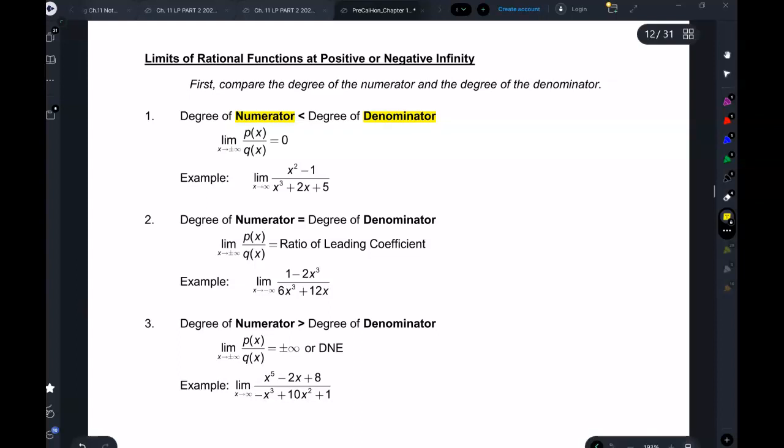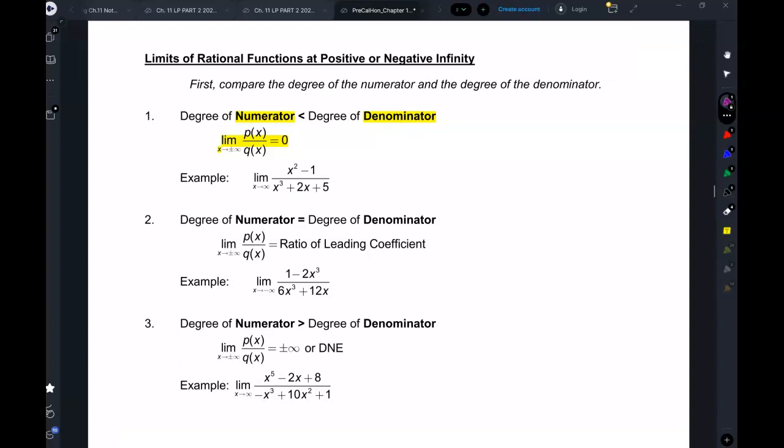This is how we always found horizontal asymptotes, but let's just talk about the limit at infinity. If you have a rational function, where does the y value go as you approach infinity? If the numerator has a lower degree than the denominator, then the limit as x approaches infinity is 0. For example, take a look at this one.